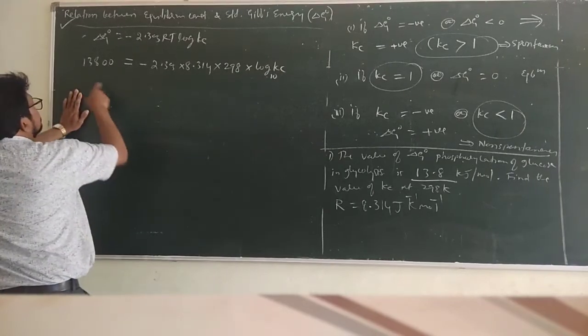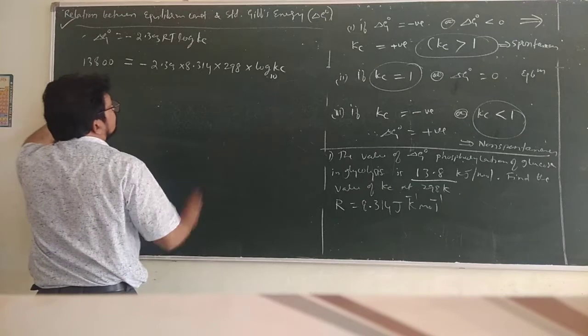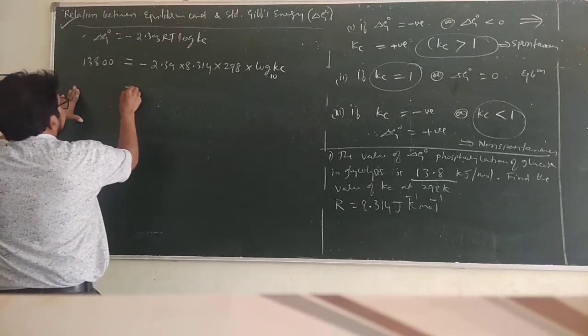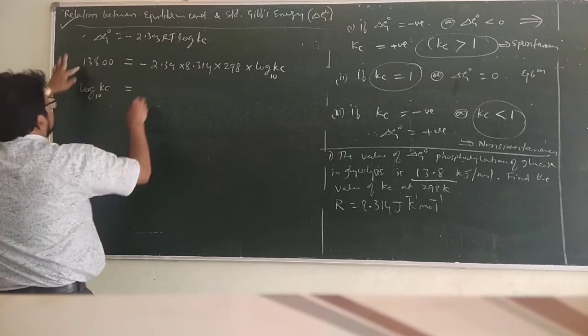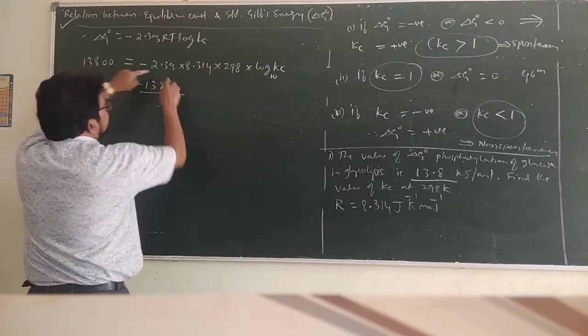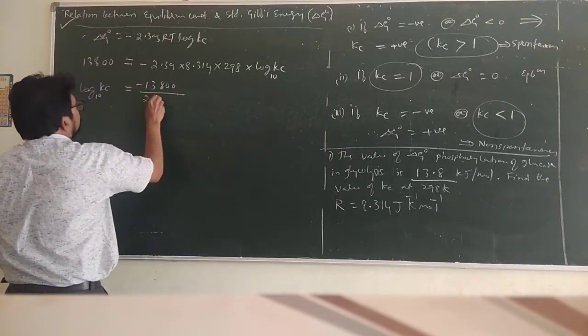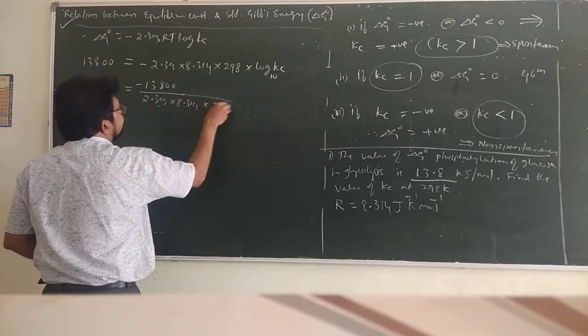Now this is negative, remember, because delta G naught is positive. Now log Kc will be minus 13,800 divided by 2.303 into 8.314 into 298.